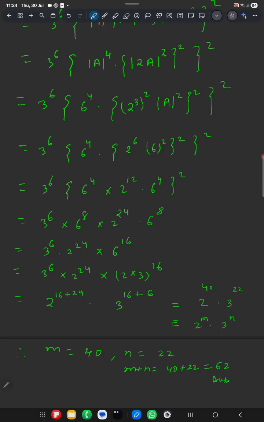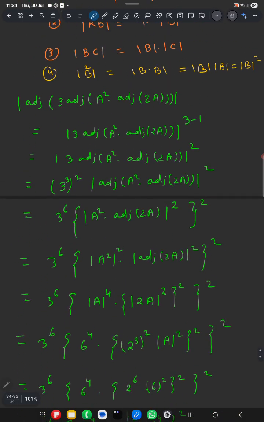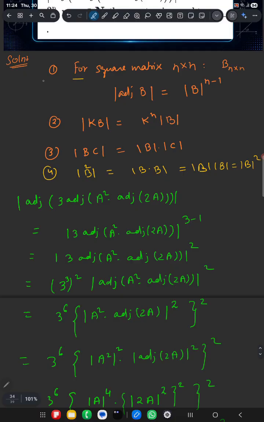This is your answer. So once again I am just explaining the whole thing, that we are using these four properties, which says that for a square matrix B of order n cross n, the determinant of adjoint of B will be equal to the determinant of B raised to the power n minus 1. So you find the determinant and raise it to one less power than the order of the matrix.